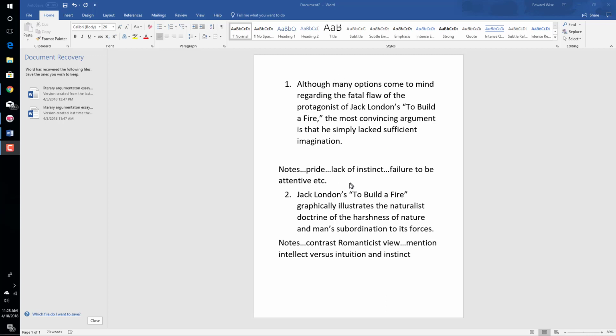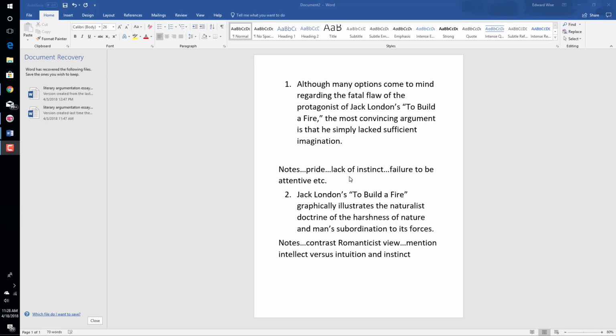So I have some notes for evidence here, possible angles that I can use. And you can do that, or you can actually fully state the evidence. So I could have maintained that this fatal flaw, if you will, had more to do with pride or arrogance, and make that case.